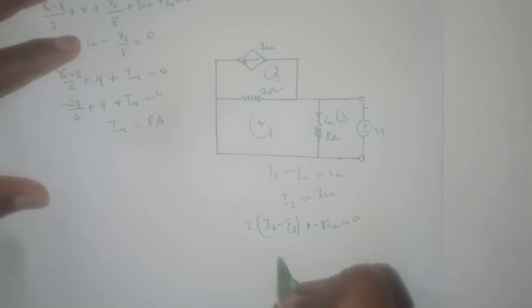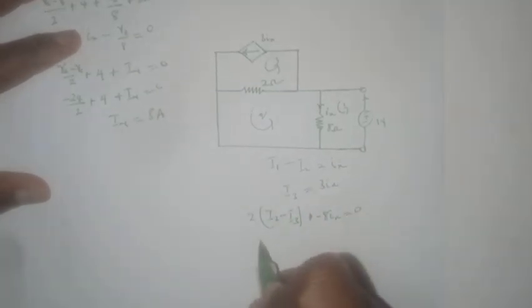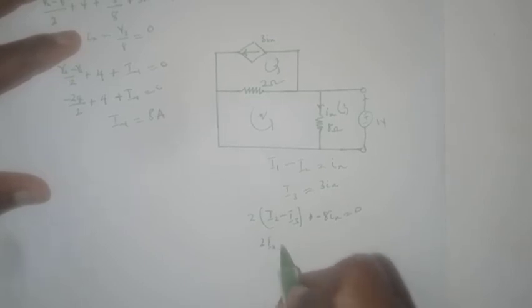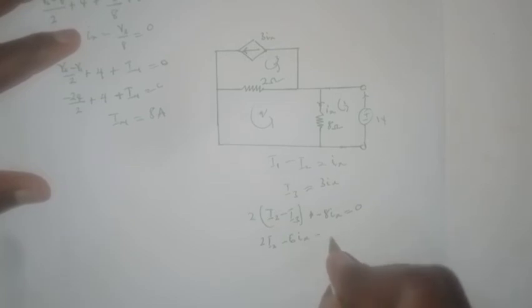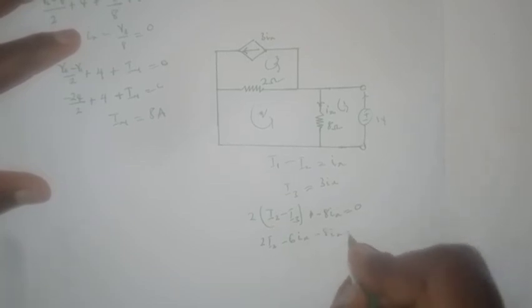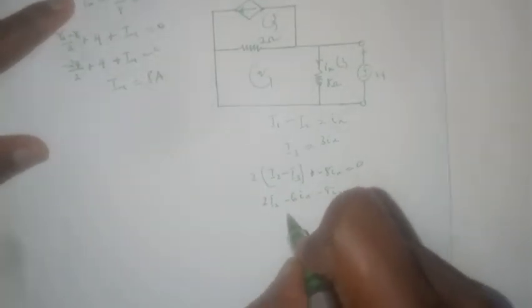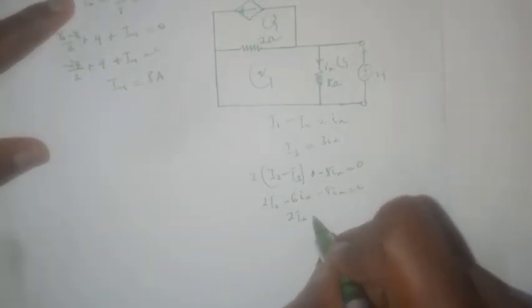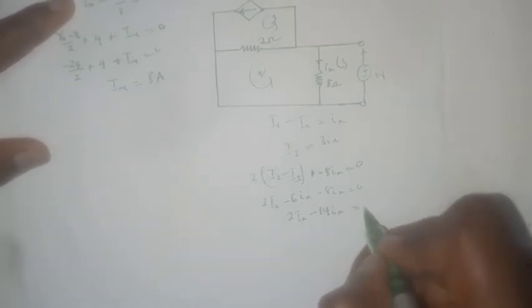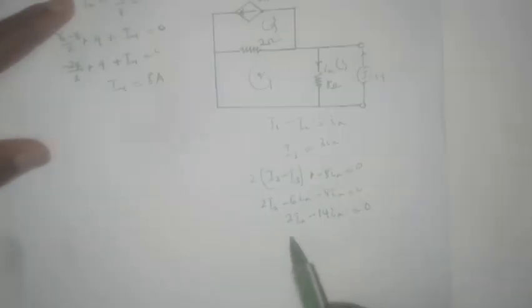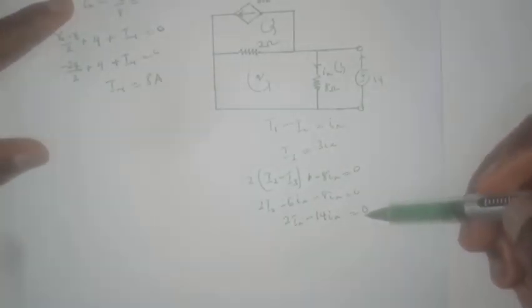If we substitute this here, we would have 2I2 minus 6Ix minus 8Ix equals 0. So we have 2I2 minus 14Ix equals 0.